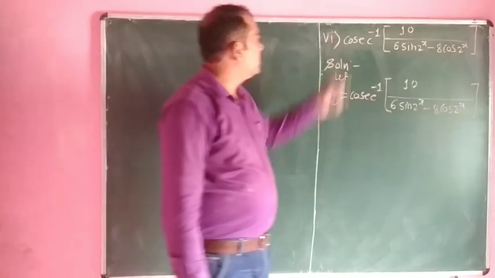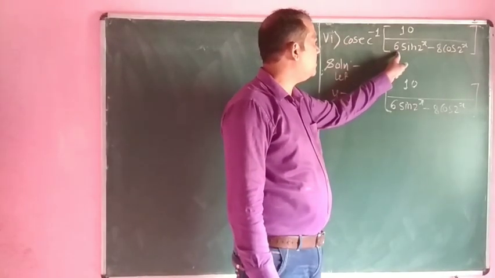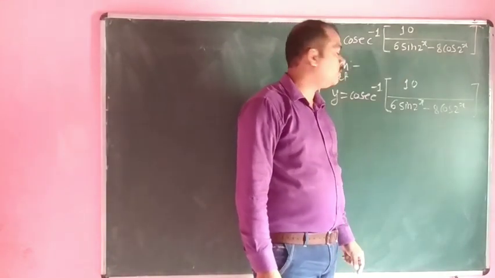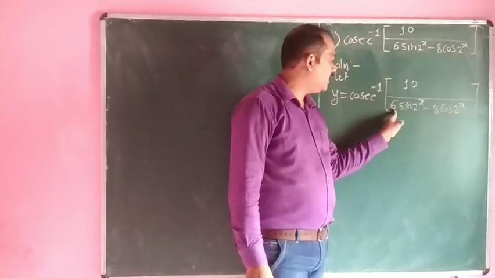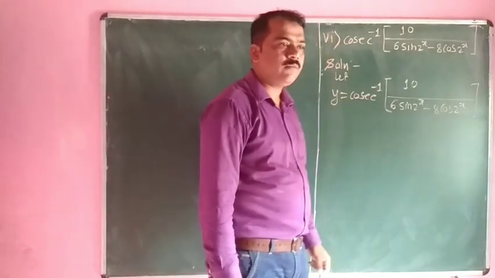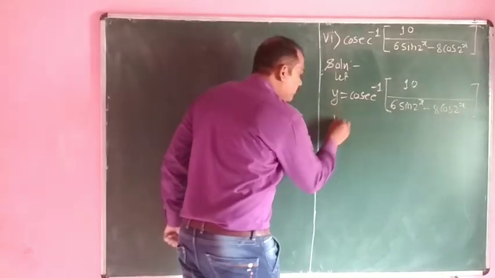Example number 6: cosec inverse of 10 divided by 6 into sine of 2 raised to x minus 8 times cos of 2 raised to x. Let y is equal to cosec inverse of 10 divided by 6 into sine of 2 raised to x minus 8 times cos of 2 raised to x. We have to know the formula. Which formula do we have?